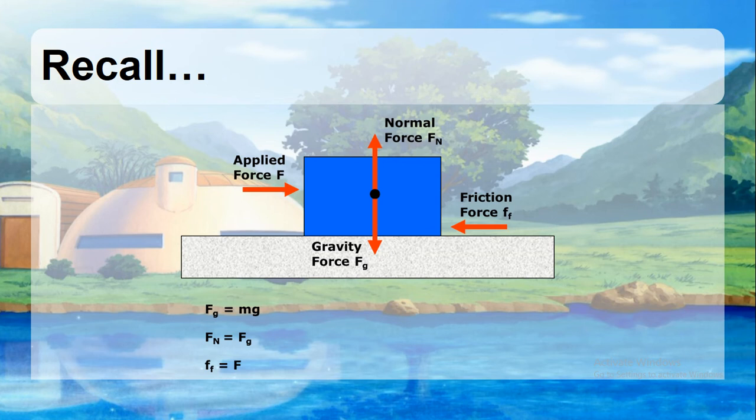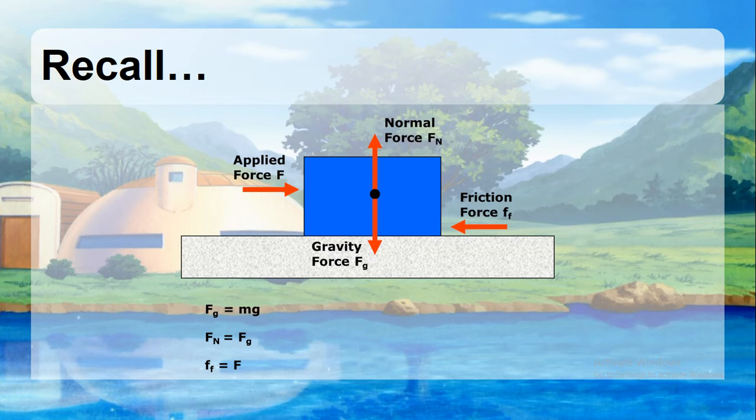We can recall from the introduction given to us by Sir Pot that there are different sets of forces acting on an object: the normal force, the friction force, and the applied force. The normal force is associated with gravity, or 9.8 meters per second squared.